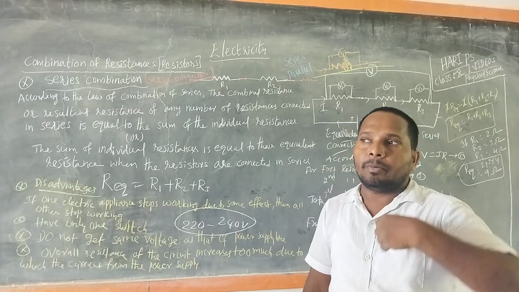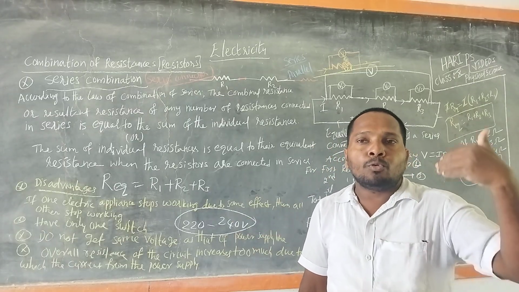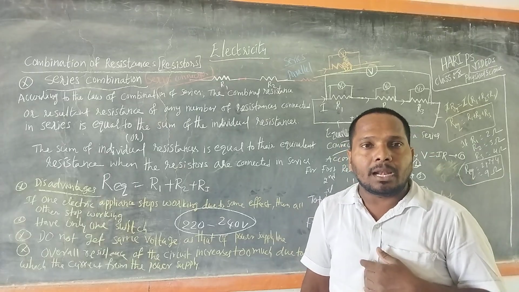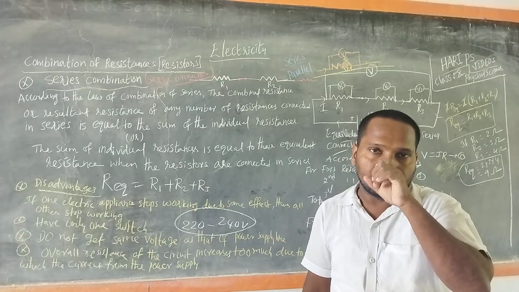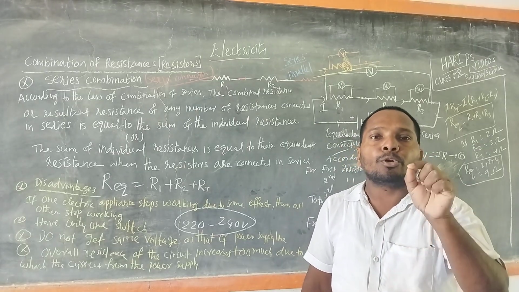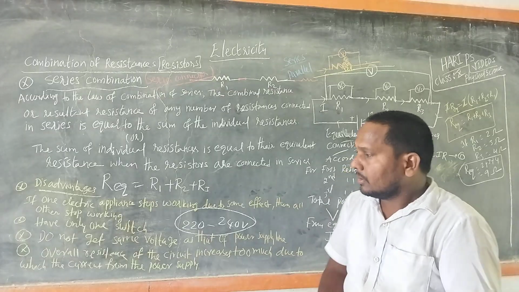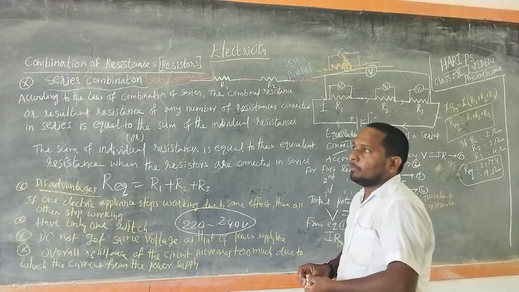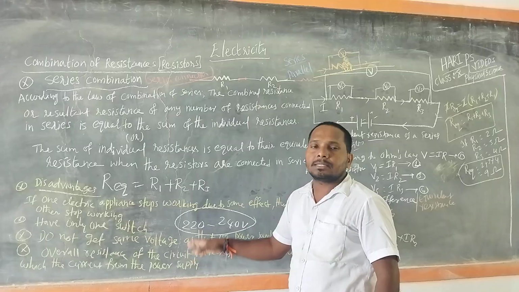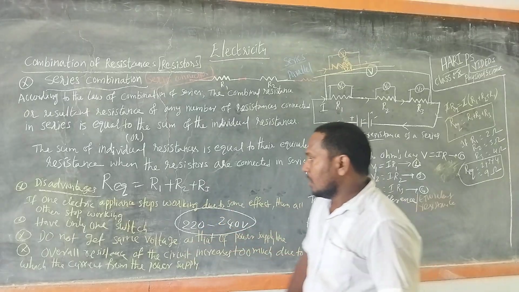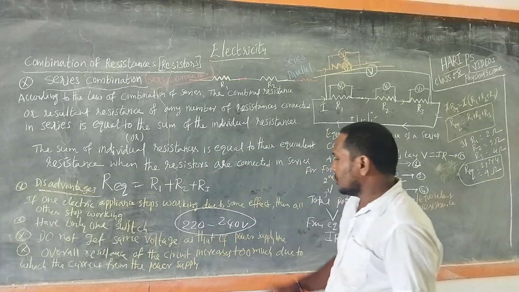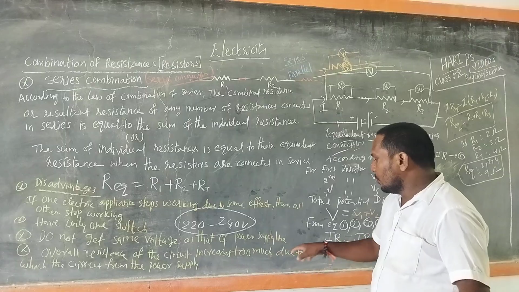As per Ohm's law, the amount of electric current passing through an appliance or conductor depends on the potential difference. So all electrical appliances do not get the same voltage. Then the overall resistance of the circuit increases too much.